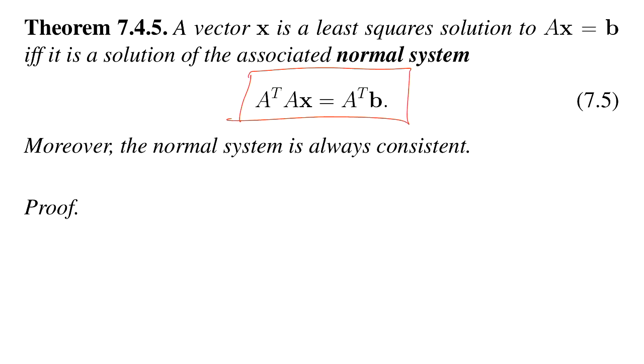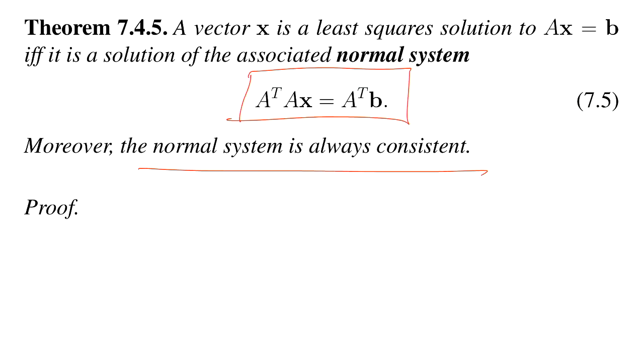It doesn't seem like a very good name, but that's what it's called. The point of this system is that if you're interested in AX equals B, then X is a least squared solution to AX equals B if and only if it's an actual solution to this thing. Part of this theorem is that this normal system is always consistent.